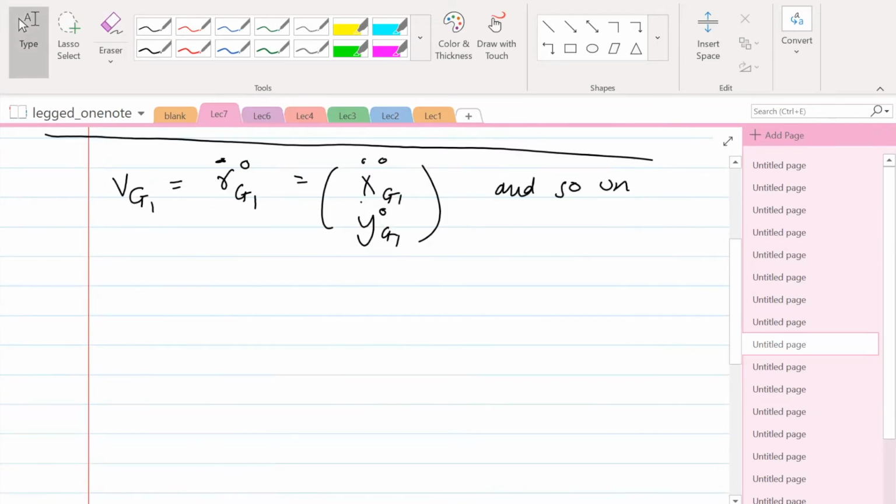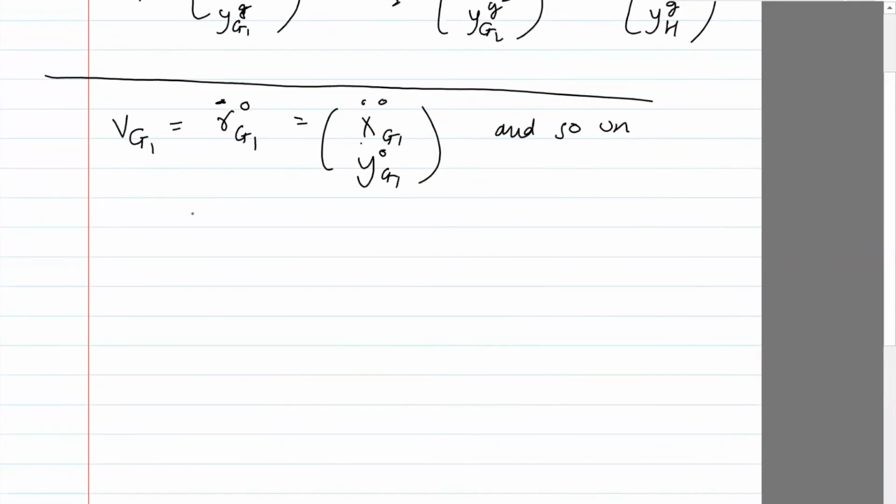You could also use the Jacobian. In this case, you'll use the Jacobian of G1, and then you will have q dot. q dot is going to be x dot, y dot, theta 1 dot, theta 2 dot.